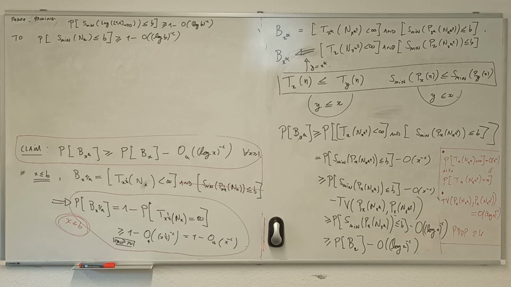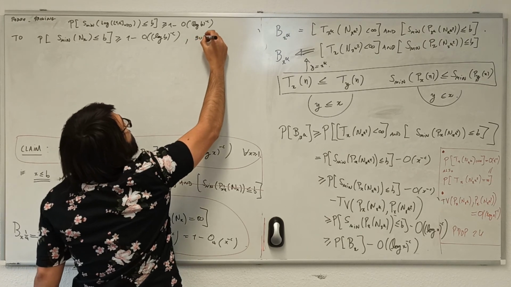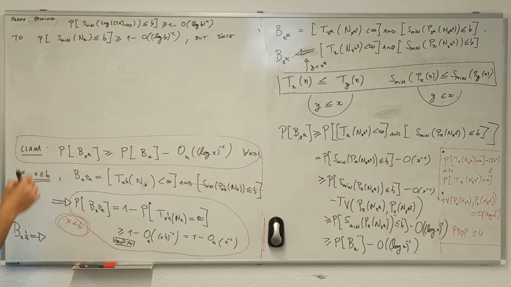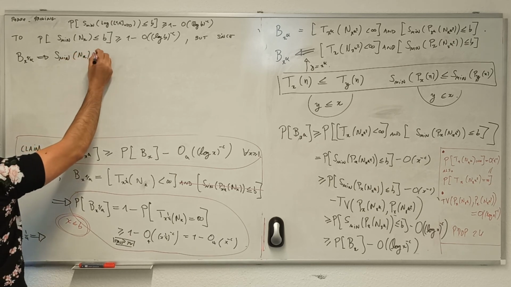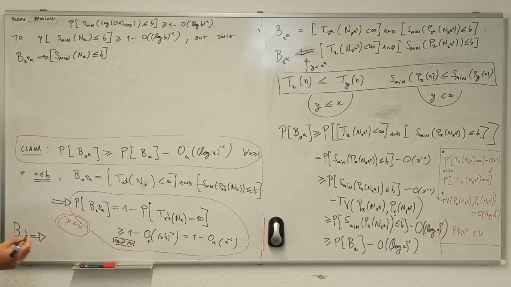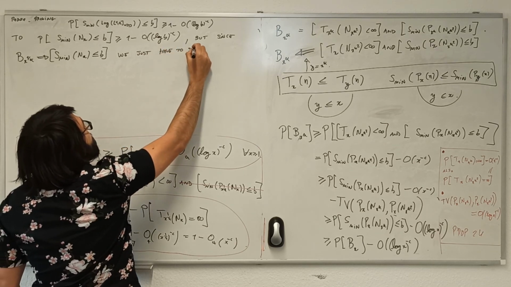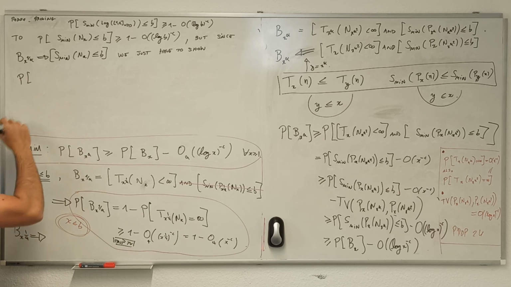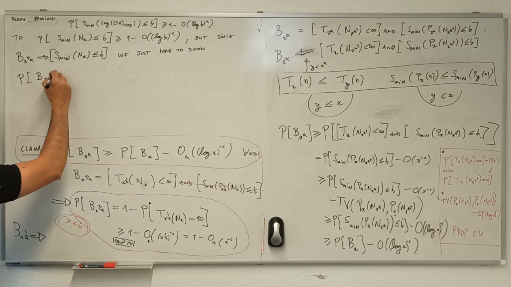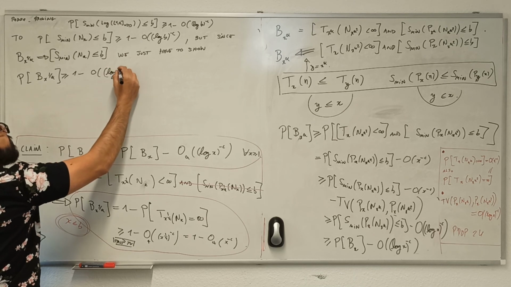But we know that the event bx 1 over alpha implies this event, so we just have to show that the probability of this event bx 1 over alpha is greater or equal than 1 minus O of log of b to the minus c.